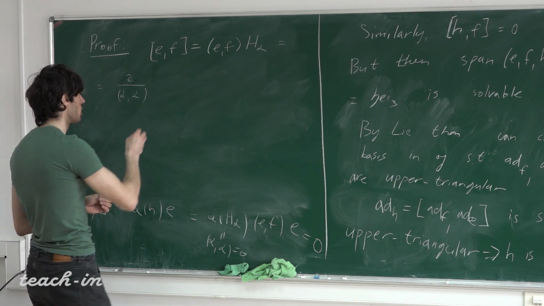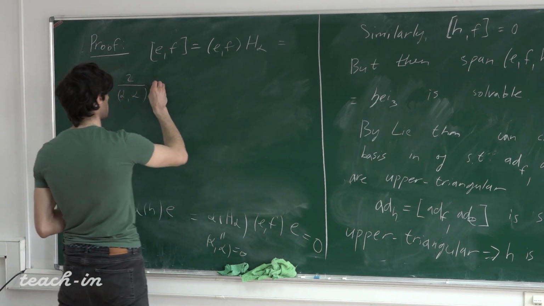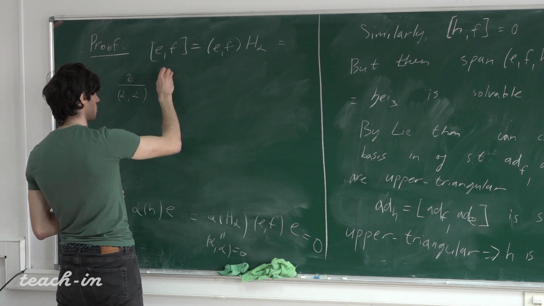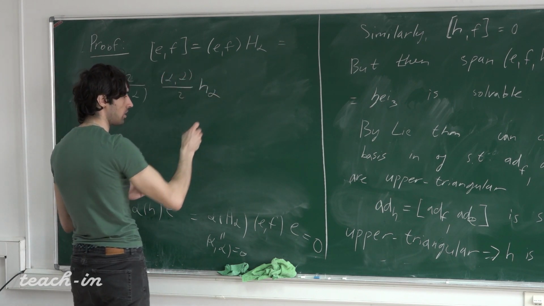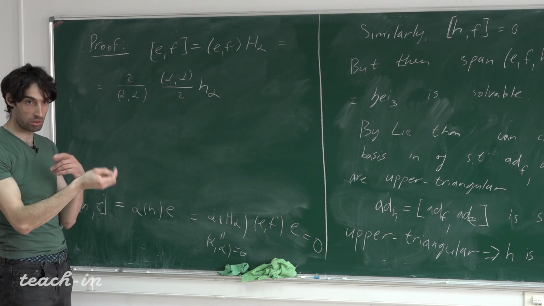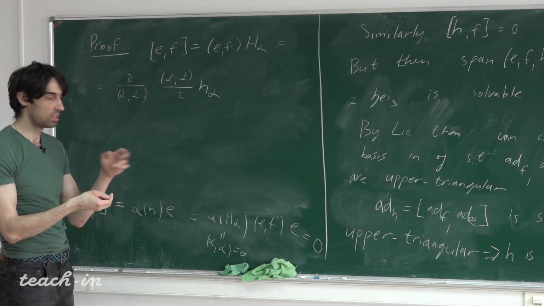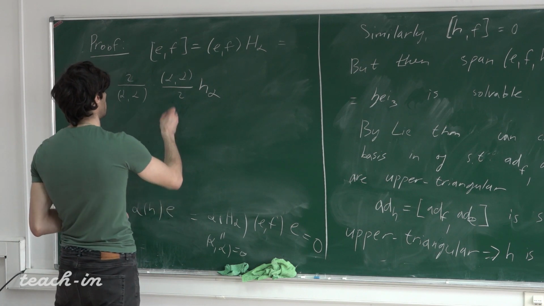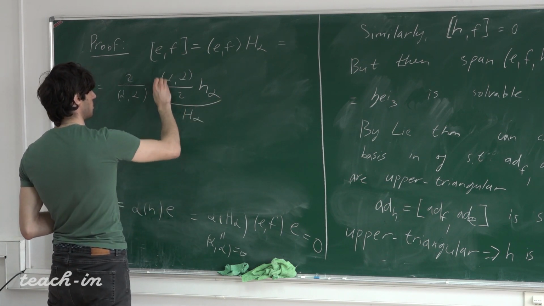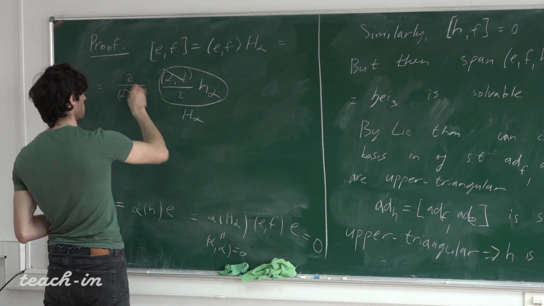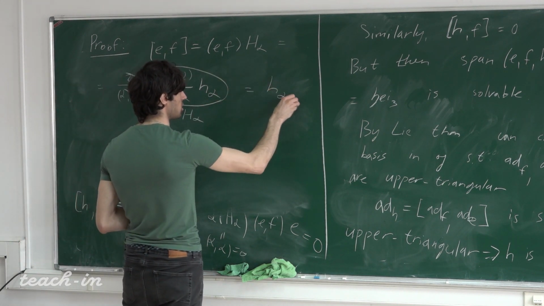And then if I express H alpha capital through H alpha small, is this one, right? Okay, this cancels and I get H alpha.